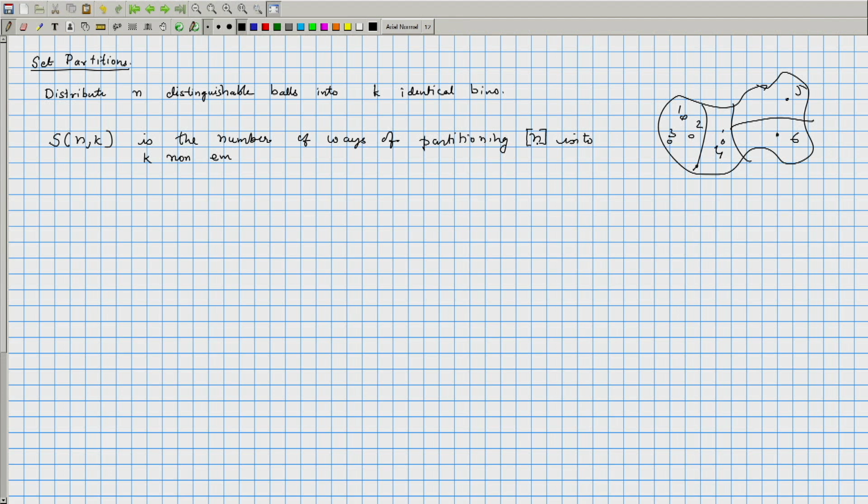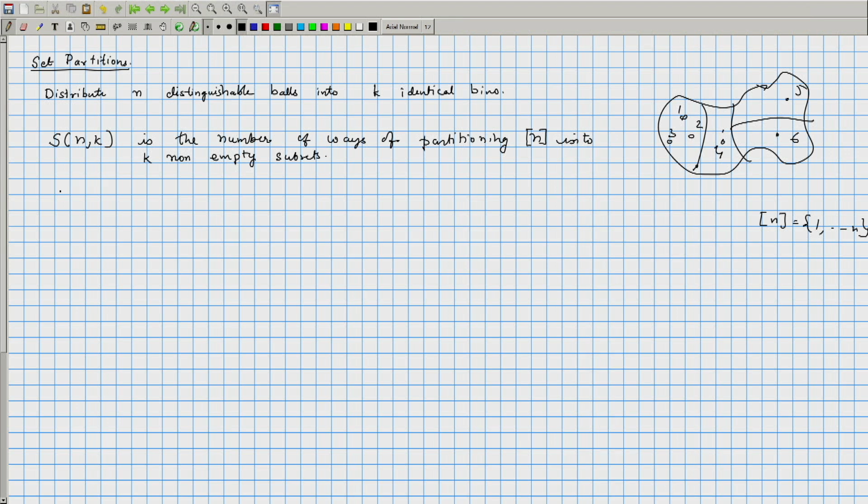We will write square bracket n to denote the set of numbers from 1 to n. So, we can either think of them as distinguishable balls, or when we write square bracket n, what we mean is a set of numbers from 1 to n. So, that set is being partitioned into k non-empty subsets.